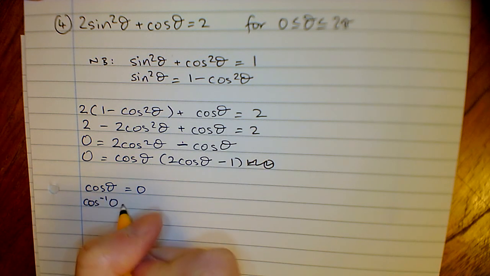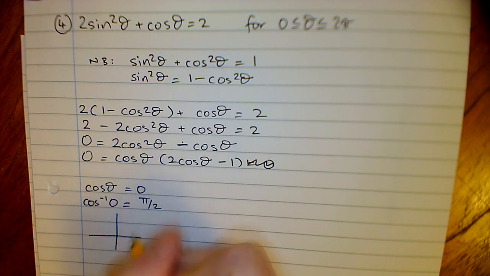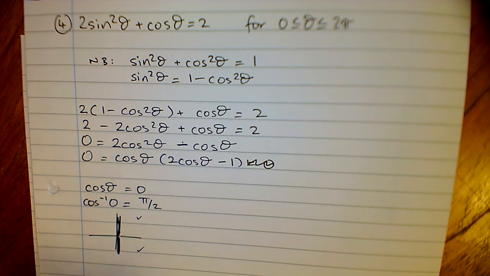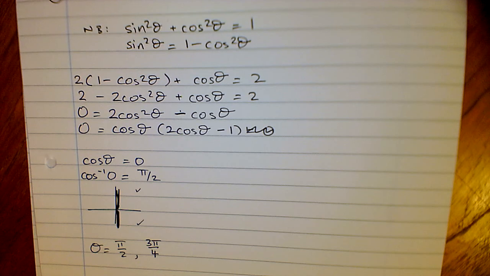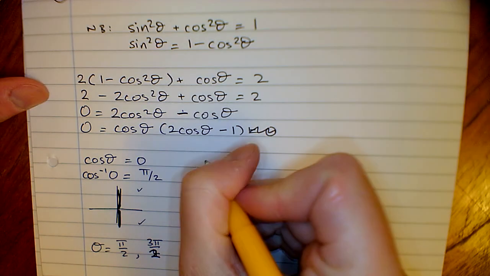So inverse cos of 0, and we get pi over 2. It's cos and it's positive, so it's in here and here. So that's going to be our angle there. So it's pi over 2 and then round to this one, that's 3 pi over 2.